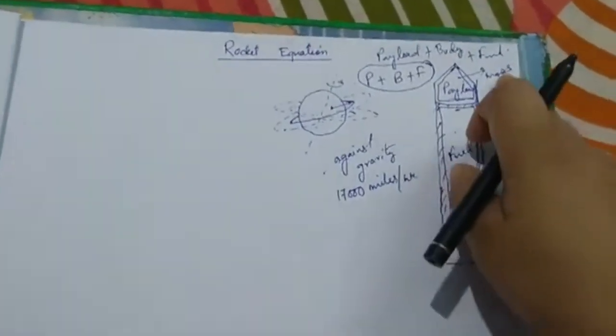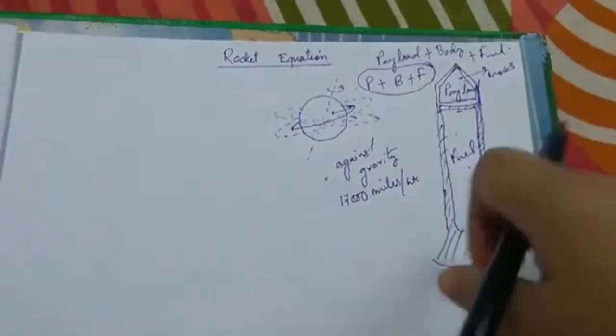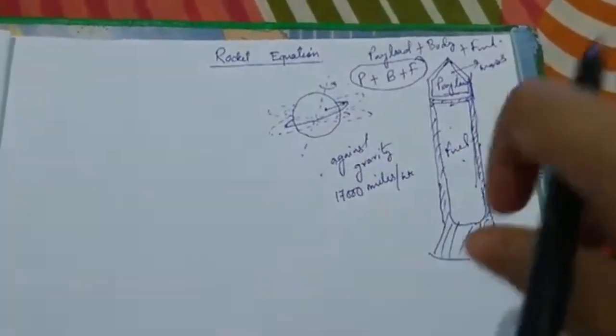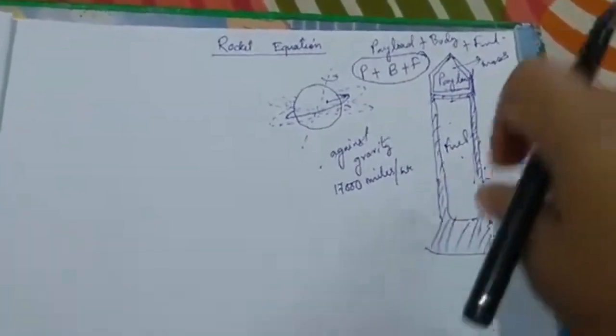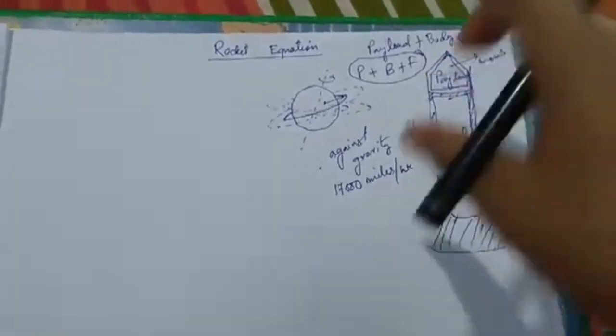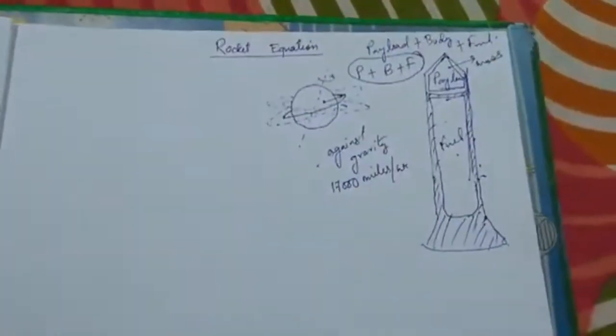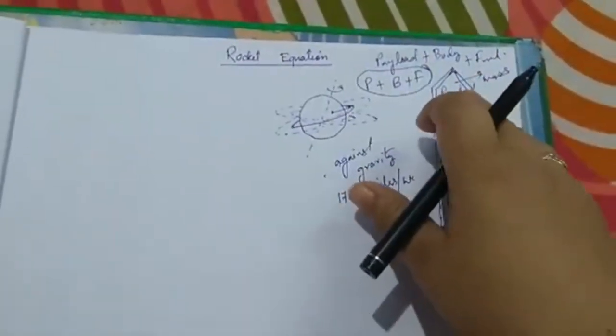So for a particular mass of a payload, there will be a particular mass of the fuel. The rocket equation basically gives you how much fuel will be required to place a particular payload of a certain mass into the low Earth orbit or any other orbit of Earth.